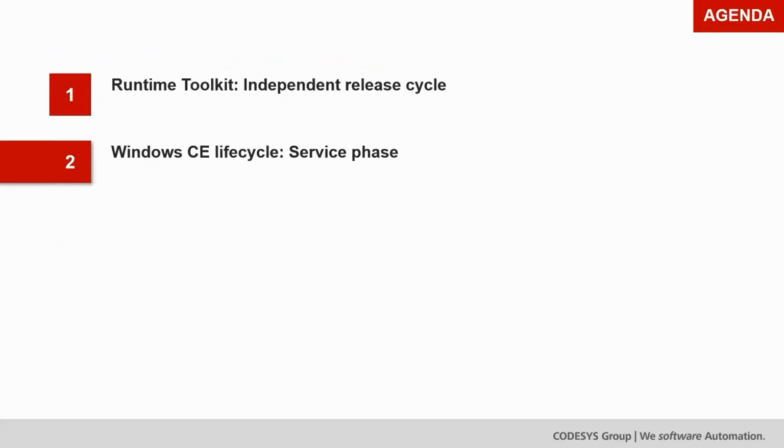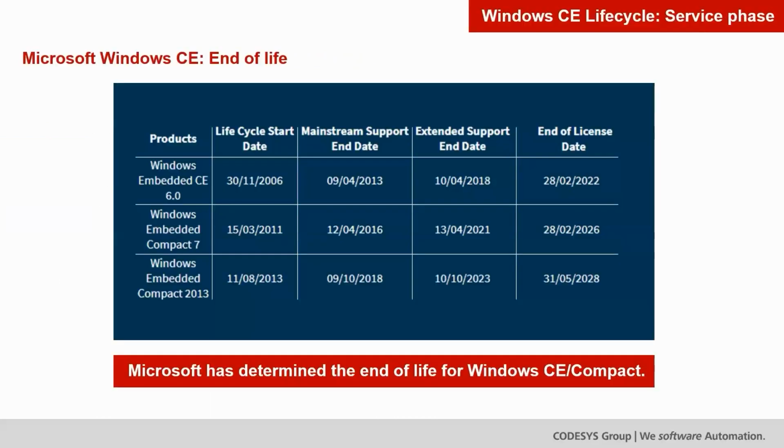Okay, so that's it for the independent release cycle. Let's get to the Windows CE life cycle. We want to shift the Windows CE based products to the service phase, and this is because Microsoft announced the end of life of Windows CE or Windows Compact, and in fact in October 2023 the extended support for Windows Compact 2013 ends.